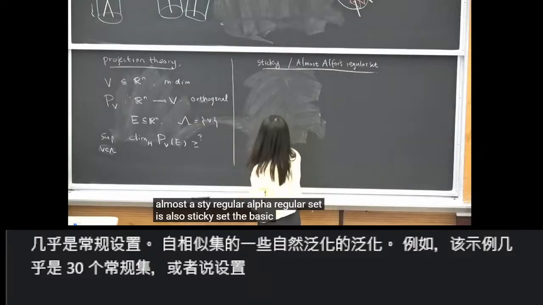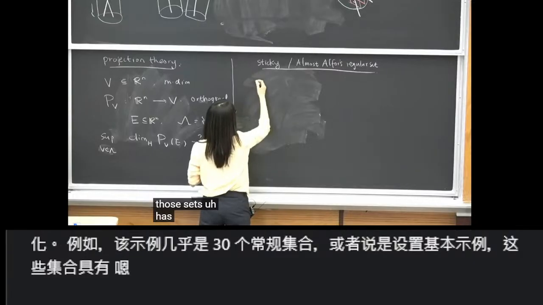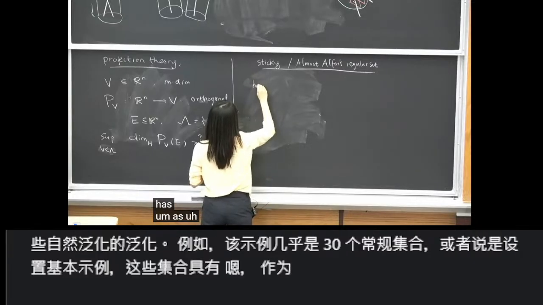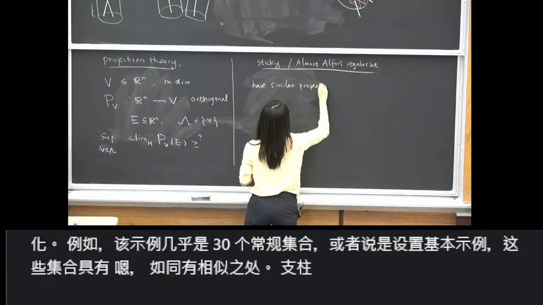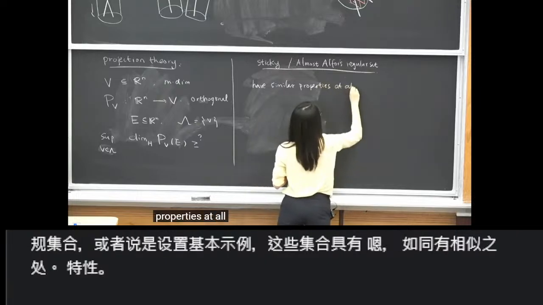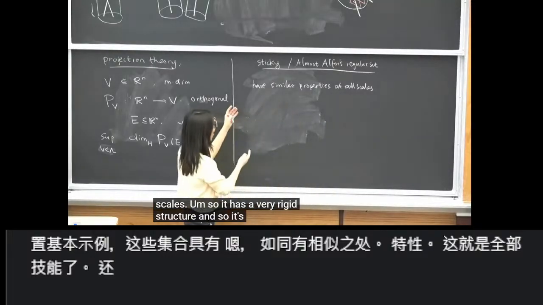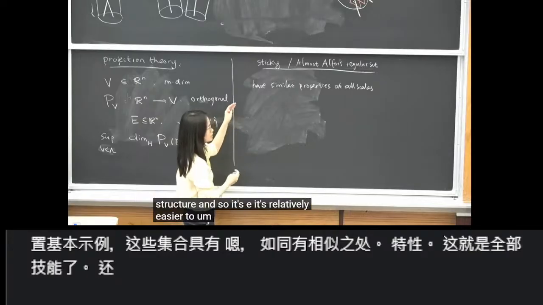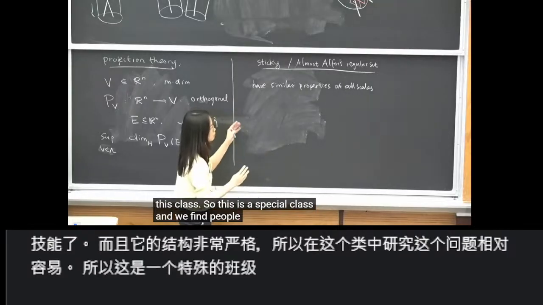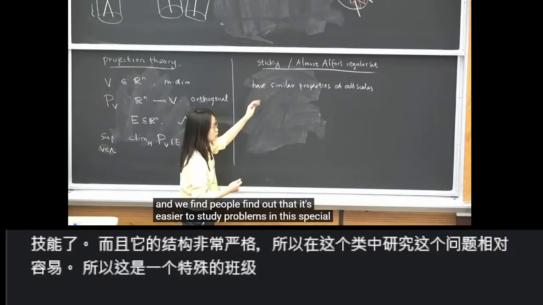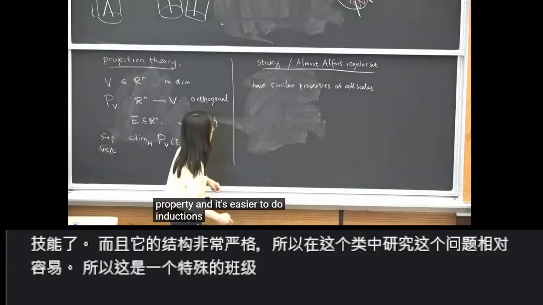Those sets have similar properties at all scales, so they have a very rigid structure, and it's relatively easier to study the problem within this class, because it obeys very similar properties and it's easier to do induction.